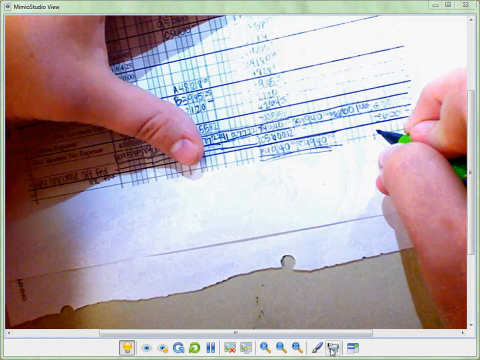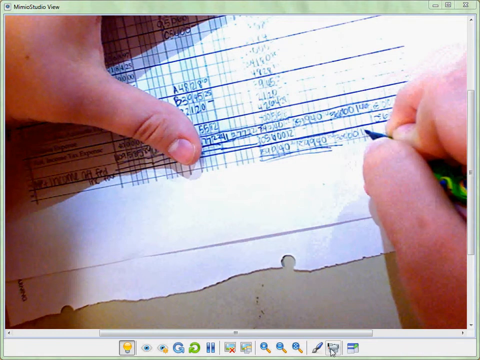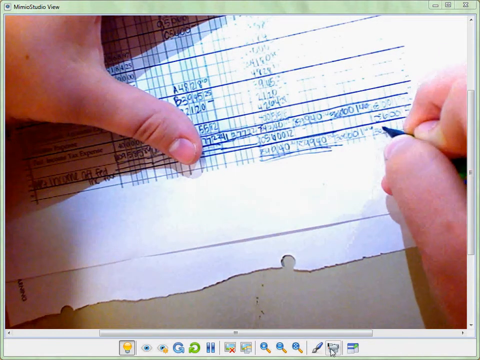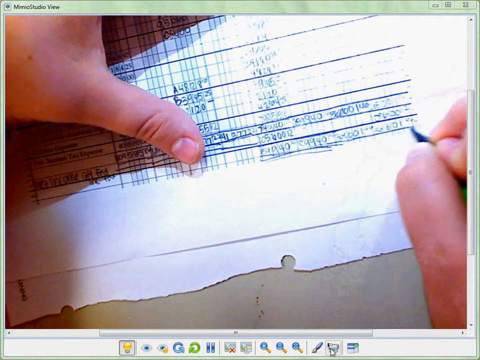Double rule, and then your balance sheet columns should equal $368,601.46.